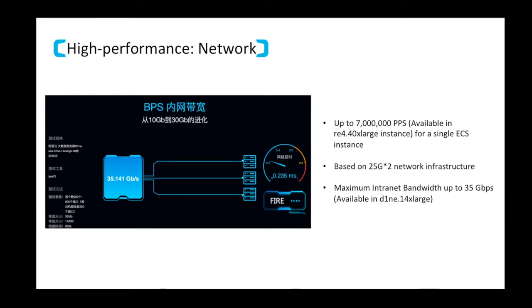And based on the 25 gigabits network infrastructure, the maximum internet bandwidth can be up to 35 gigabits per second, which is available in the instance D1 and E to 14 xnach.